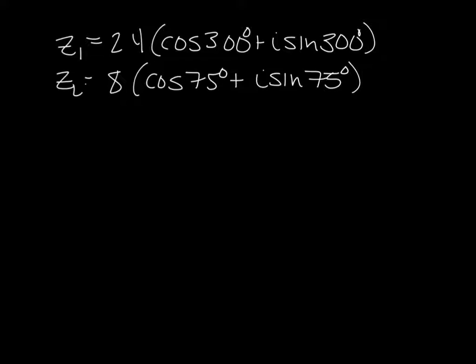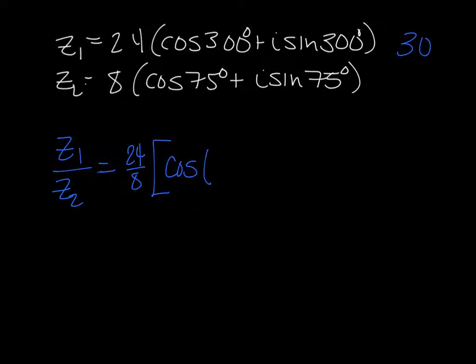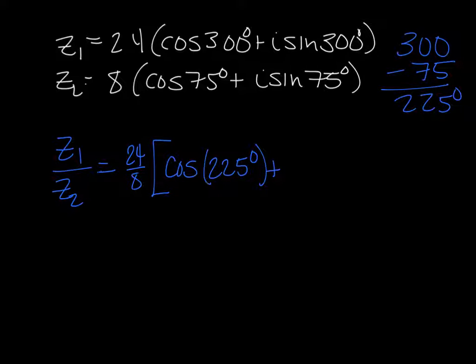Okay, so here, if I want to take z1 divided by z2, we divide, so 24 divided by 8. And then we're going to take the cosine of 300 minus 75, which is 225. So this is going to be cosine of 225 degrees plus i times the sine of 225 degrees.